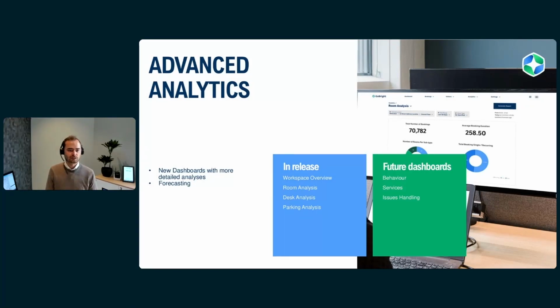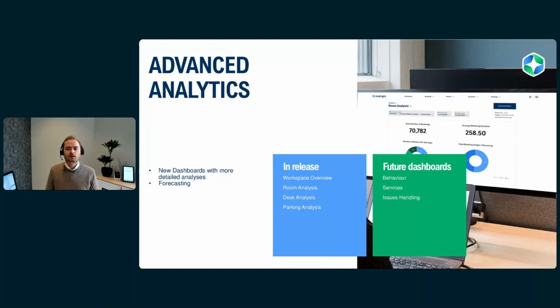The new dashboards, as mentioned, have more detailed analysis, but we are also looking into forecasting, so that you can see, based on the data gathered in the past, how the office will behave in the future, so that you can make decisions on that data as well.